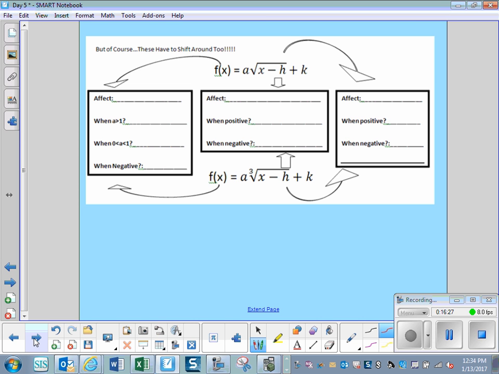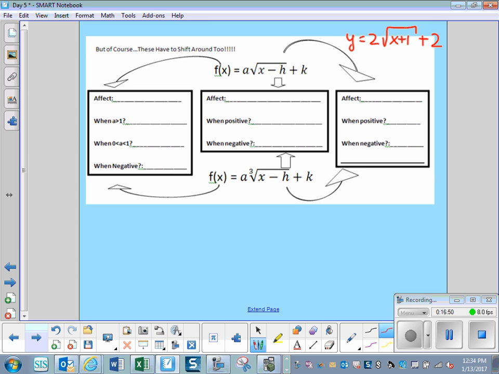Okay, so this is the generic form of any square root function, and this is the generic form for any third root function. So, you know, the example would be y equals 2 square root of x plus 1 plus 2, right?